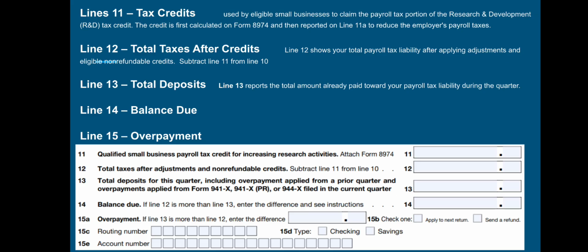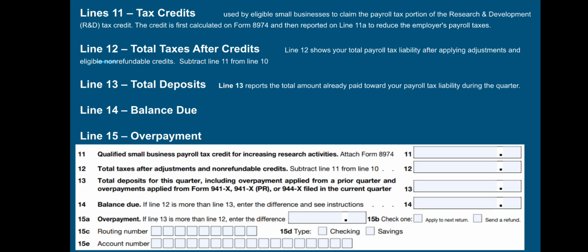This is a complicated one because on line 11, if you're doing some research in your business, then whatever you have spent on contractors, on products, on everything for that research, will be subject to get credit.